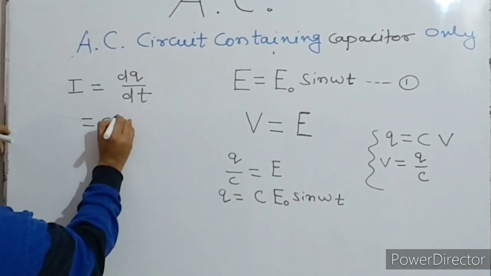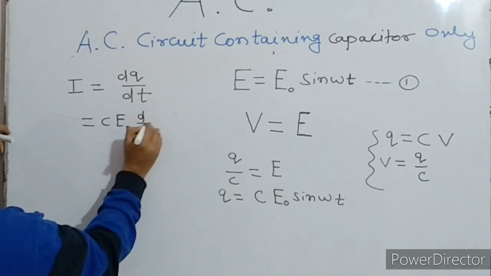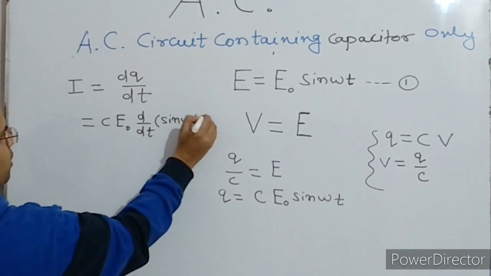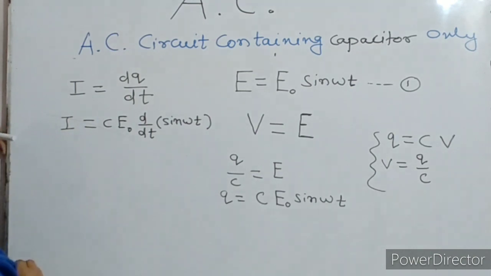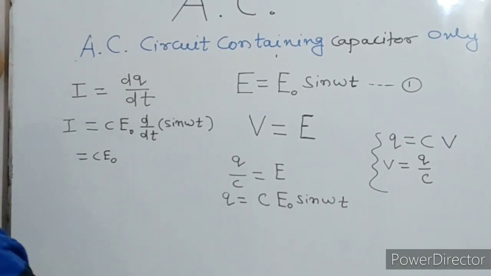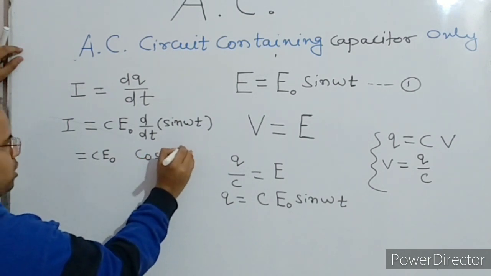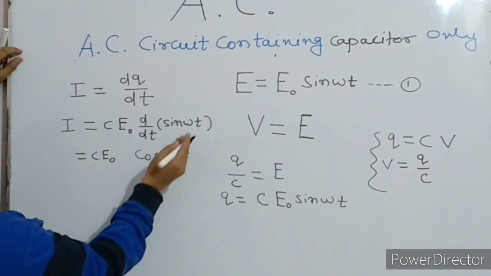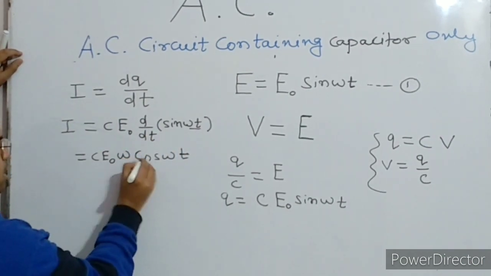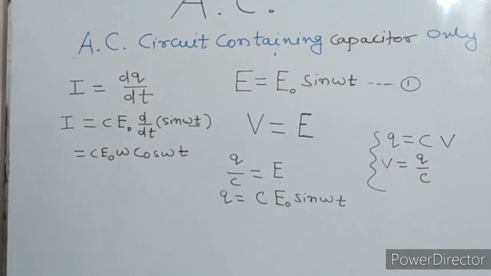CE naught is constant, and we differentiate sin omega t with respect to t. The differential of sin omega t would be cos omega t, but because it is omega t and not t, we have to multiply by the coefficient of t, that is omega. That's why we can write it as CE naught omega cos omega t.